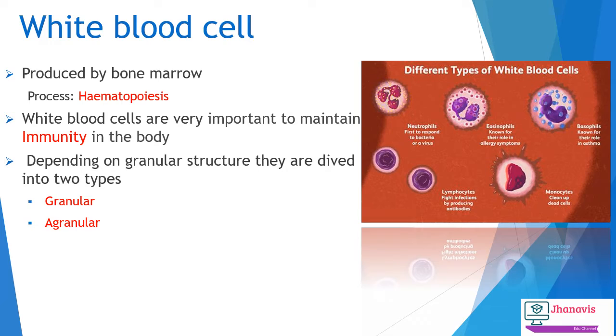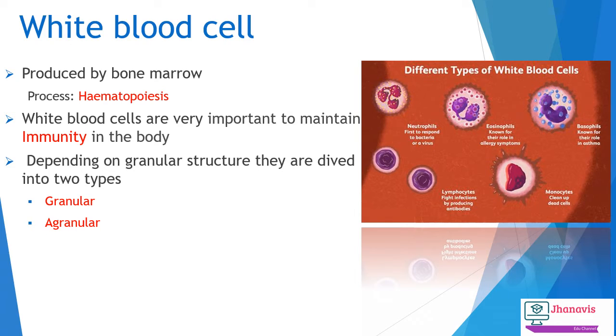If granules are absent, we call them agranular WBCs. There are three types of granular WBCs. You can see in the diagram the first three, the first one red in color, the second and the third. You can see small dots on them, which we call granules.